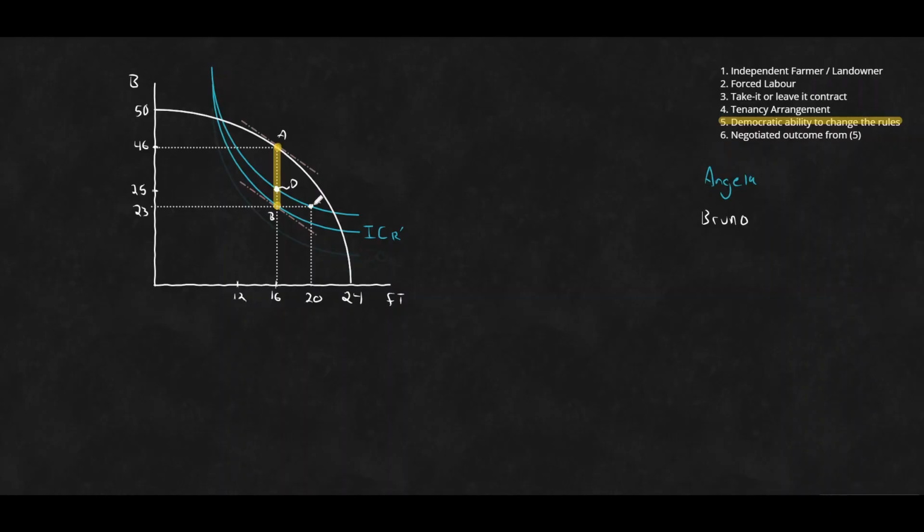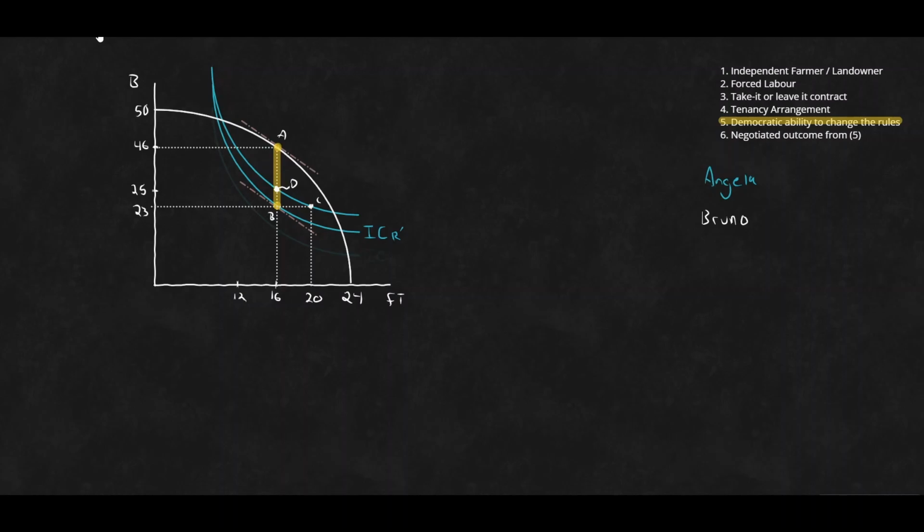But what about Bruno? Just to back up again, anywhere between B and D is an improvement from B, because she has higher utility. From C, anywhere at D or higher is higher utility for Angela, so she'd be better off.